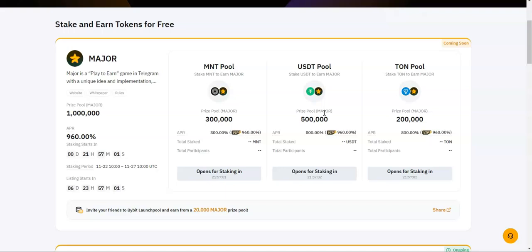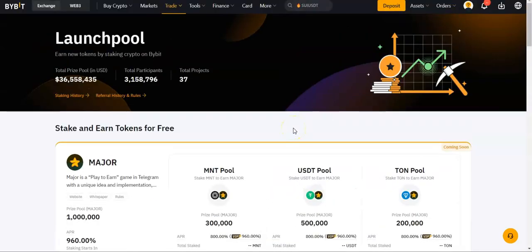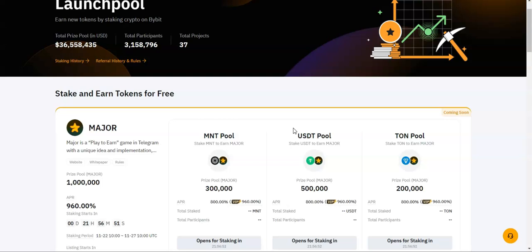I'm probably going to sell off what I get in these pools, maybe for a little bit more Mantle myself, actually. Because I do like the fact that it's kind of like Bybit's coin basically. It's like Binance with BNB or Gate with GT, KuCoin with KCS, their coin.